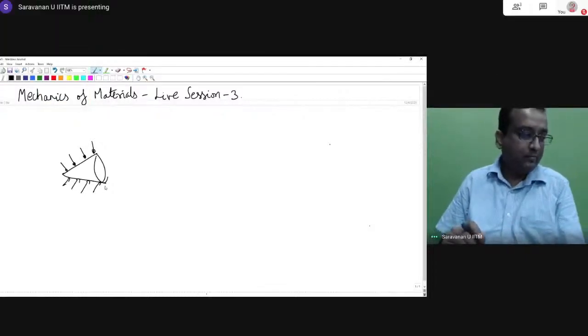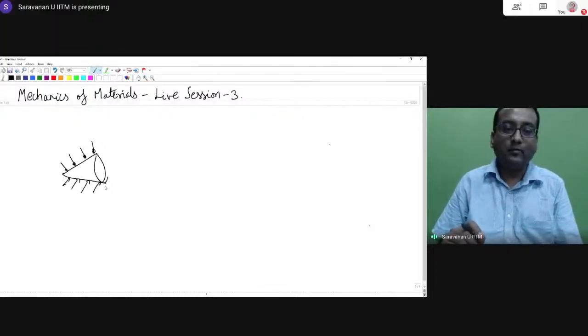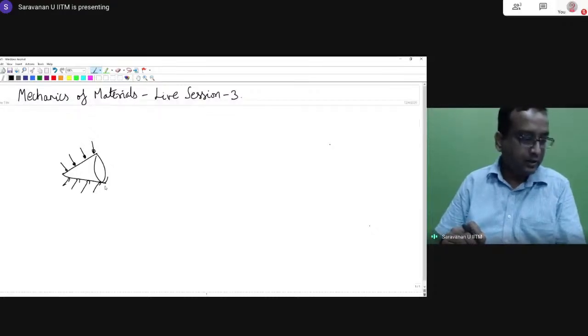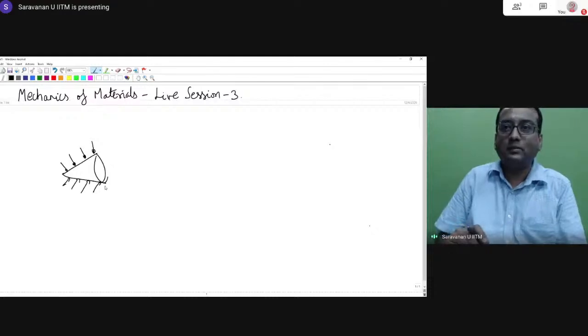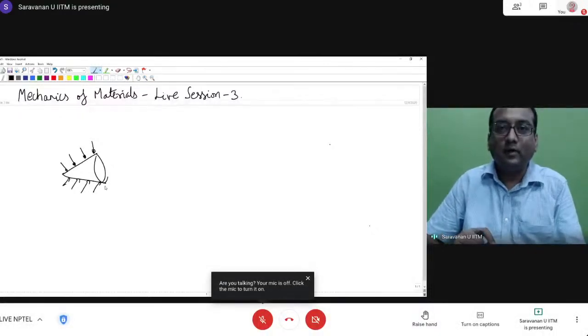Inflation of a balloon is another example of a problem where you use spherical coordinate systems. So the coordinate system depends upon the geometry of the body, which is convenient to describe using which coordinate system, to determine what coordinate system you are using to study the problem.